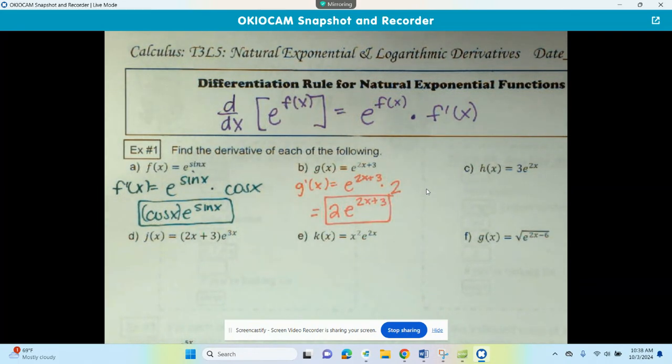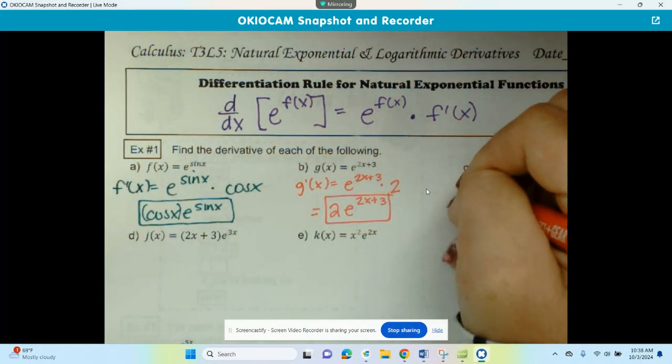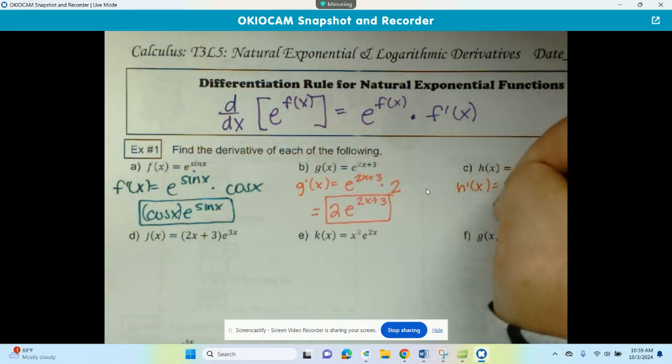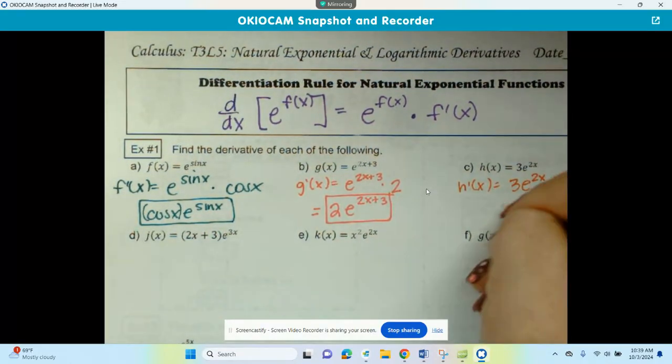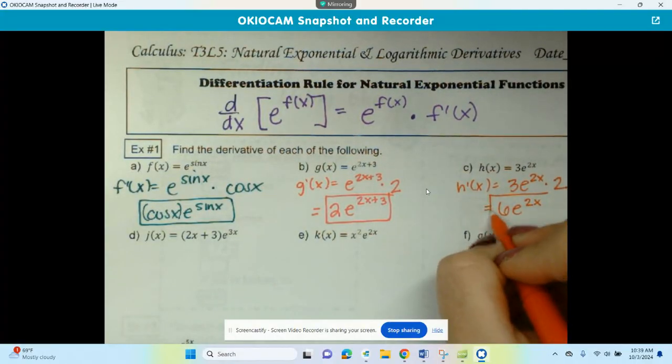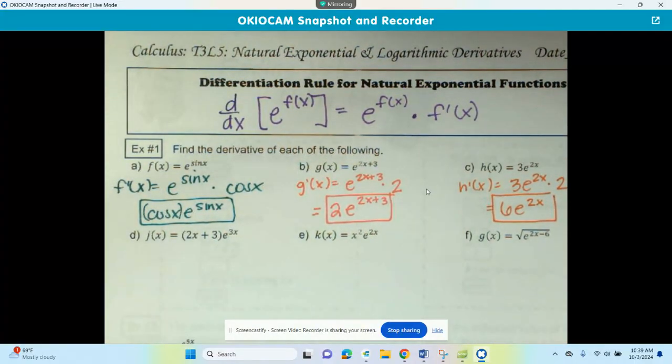Yep, so 3e to the 2x times 2, which gives me 6e to the 2x. Now, you could have done the product rule with 3 times e to the 2x. But remember, for a product rule, you take the derivative of the first. What's the derivative of 3? 0, so that's going to cancel out anyway. So you don't have to do that. Is everybody with me?